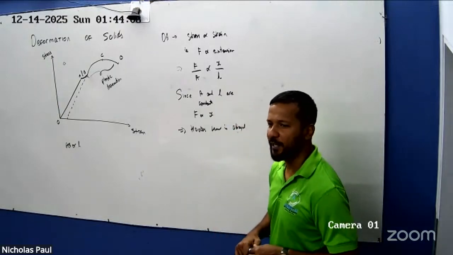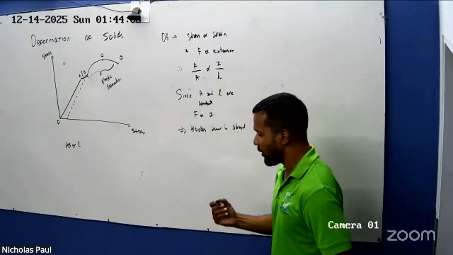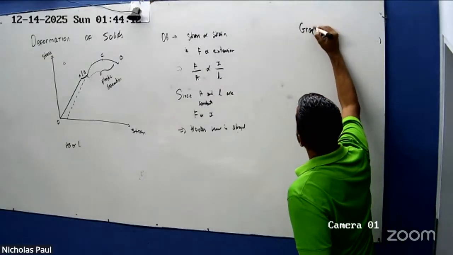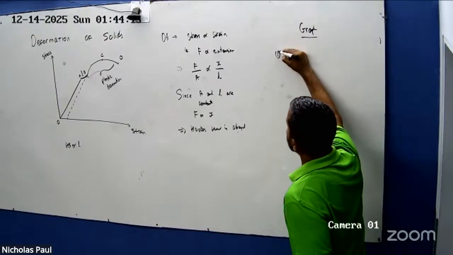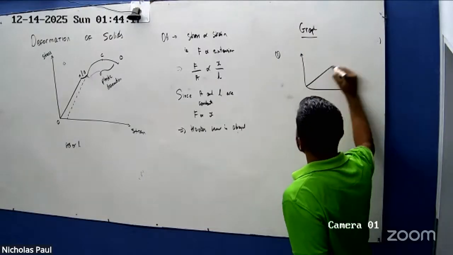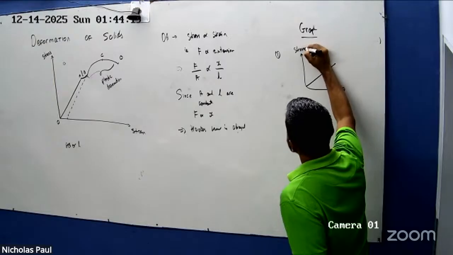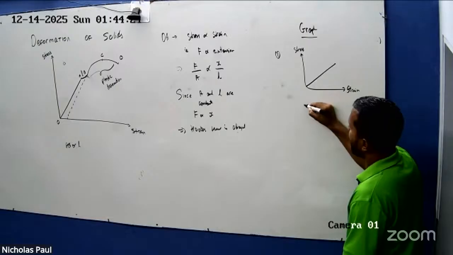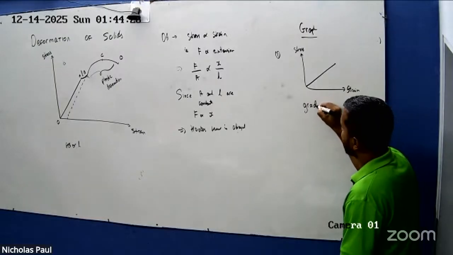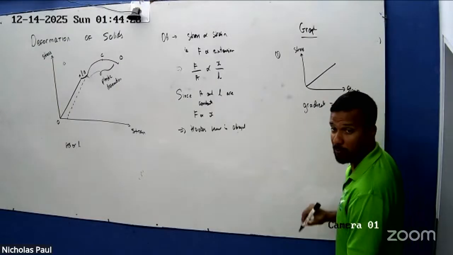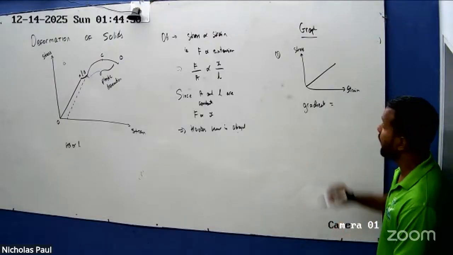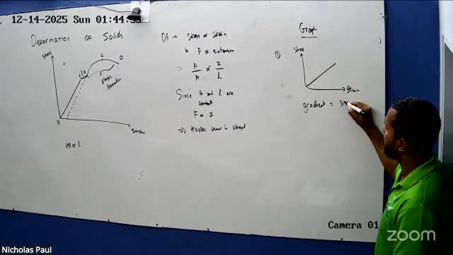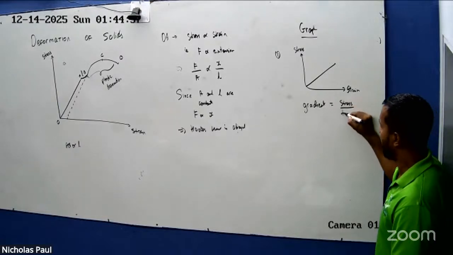What are the ingredients I gave you earlier? Let's go back to the graph. Let's look at the first case. If I give you a stress strain graph, what does the gradient of this graph give you? Stress over strain: Young's modulus.